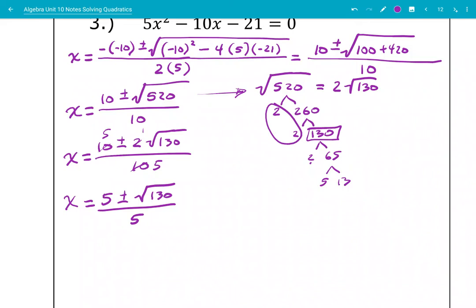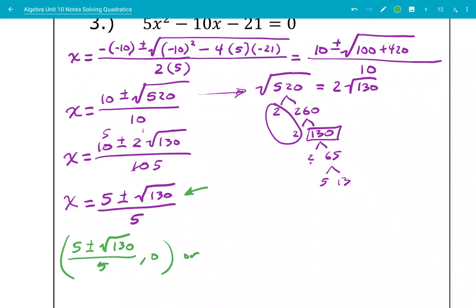Okay, so there's that, and we can now plug all that into the calculator, and that's going to be really ugly, but that's okay. So our answer is going to be this, and I'll write it in green down here. It'll be 5 plus or minus the square root of 130 over 5, comma 0. That's the coordinate point. Or I'm going to find the decimal equivalent of that.